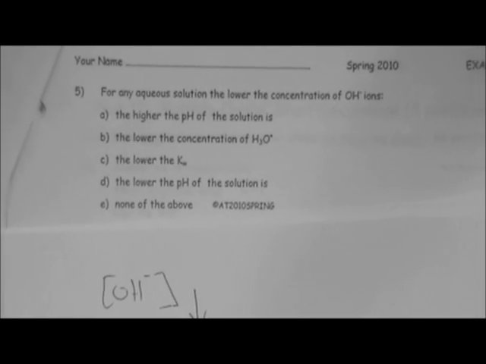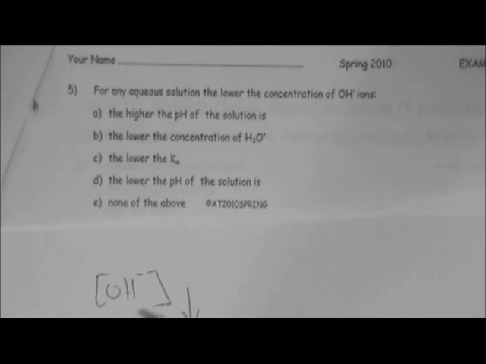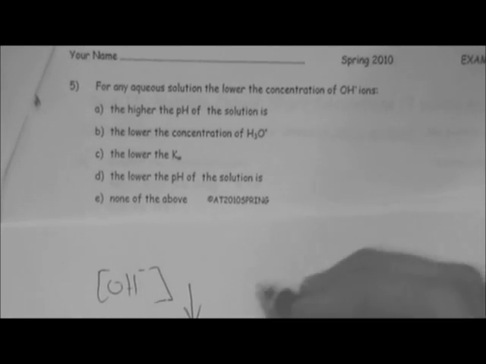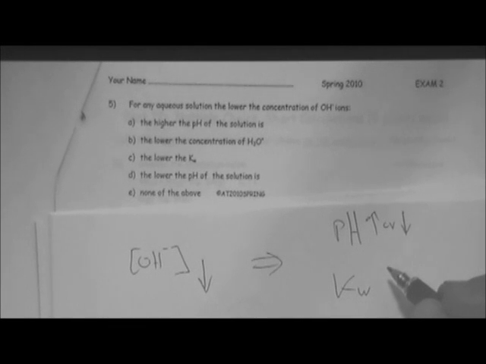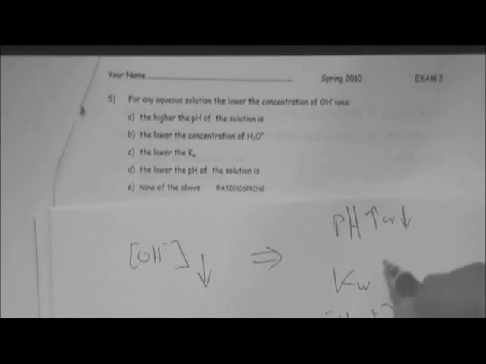This is the way to see it easy. For it, the lower the concentration of this will affect the pH. pH will go up or down. And Kw, how about H3O plus? Concentration, up or down? And how about this? Up or down? That's basically what this problem is asking you, right?